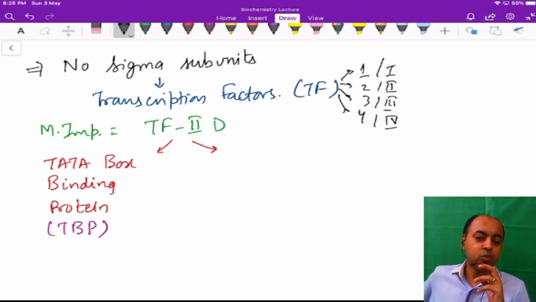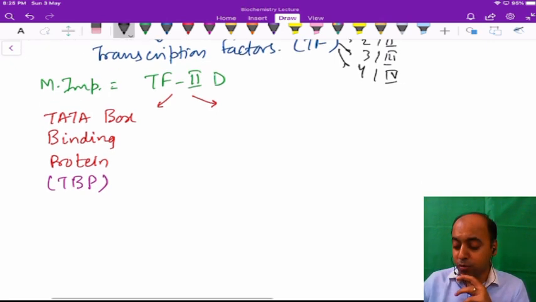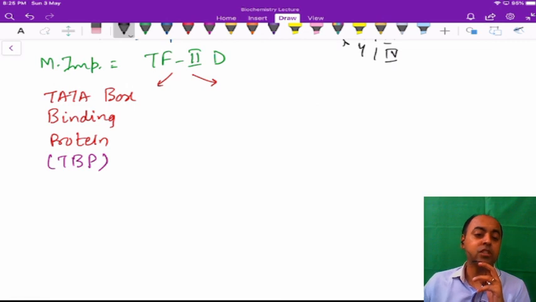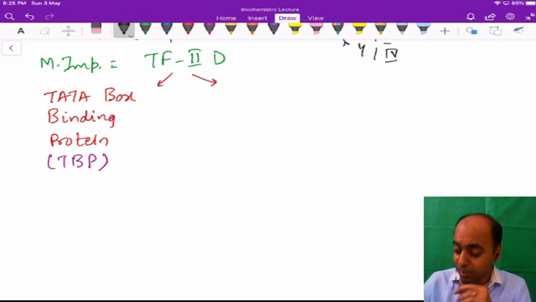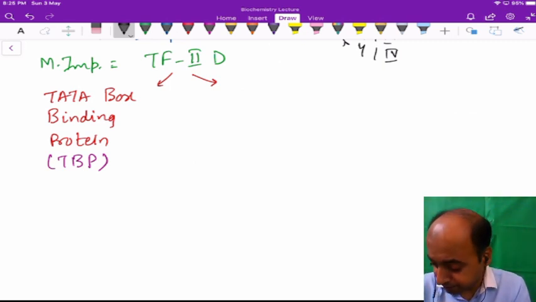The transcription factor 2D is itself described to be made up of two components. First is the Tata box binding protein. In the eukaryotic promoter, we have a sequence which is just labeled as Tata box. It has a very specific sequence, and there are proteins which are able to identify this Tata box. So we simply call them the Tata box binding protein.